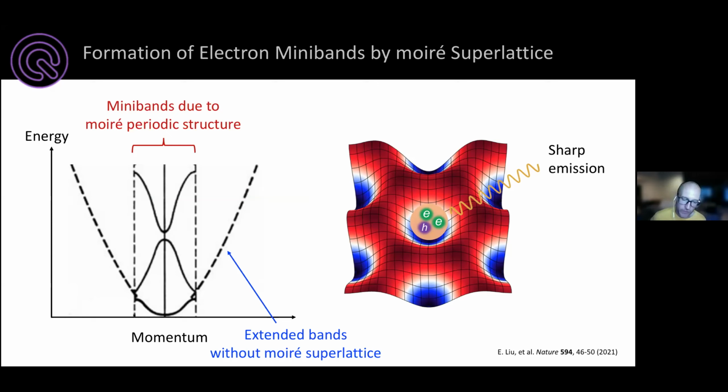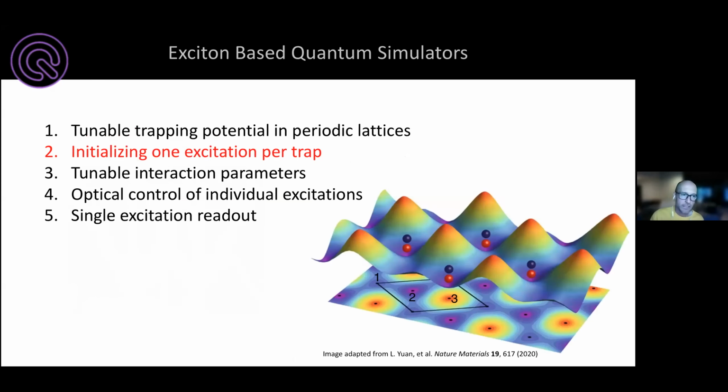And so we can show quite clearly that that's the case. And later on, I think we'll show more and more that we can control even this band folding as we can control the lattice scale of the Moiré potential. But we now have, I think, demonstrated pretty cleanly that we can trap these things in periodic lattices, and we can start to work with this as our basic excitation.